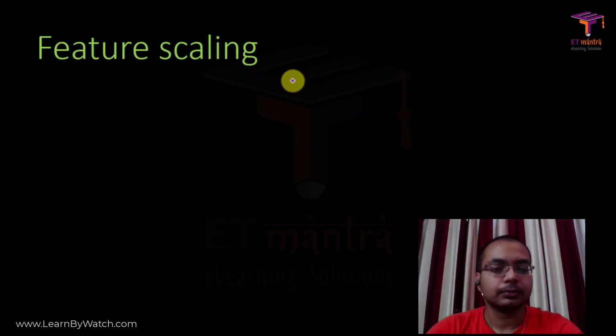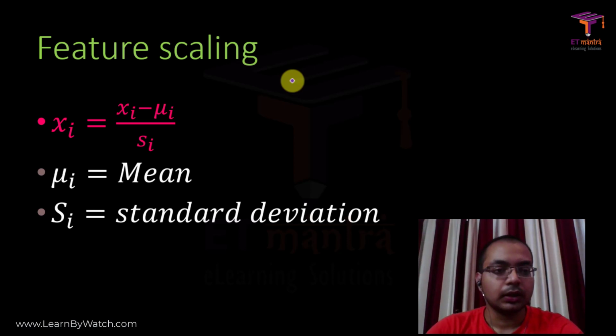One important thing which is required while doing multivariable linear regression is feature scaling. Let us look at the formula. For each input feature x, we update it as this, where mu i is the mean and si is the standard deviation.